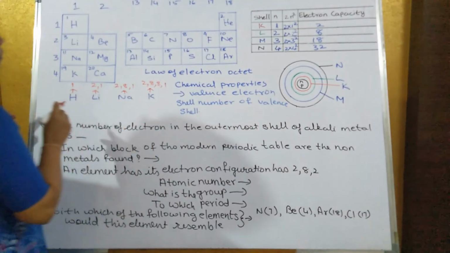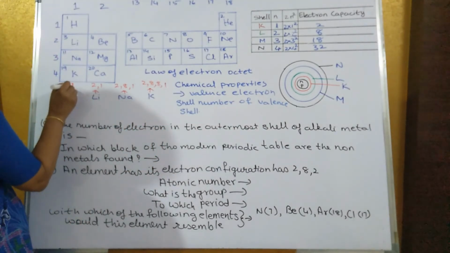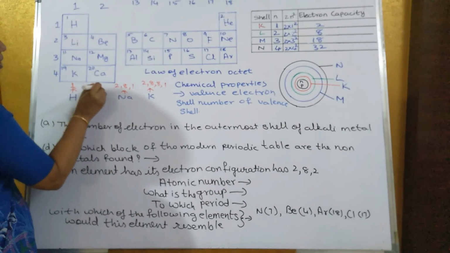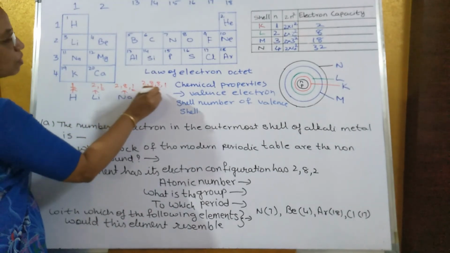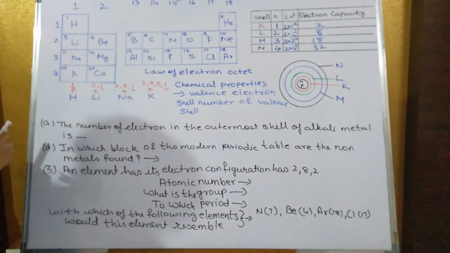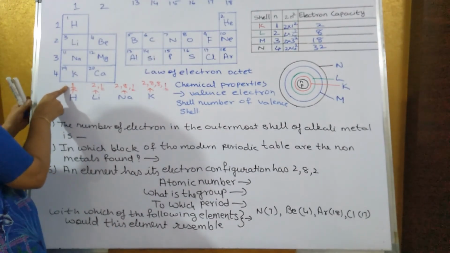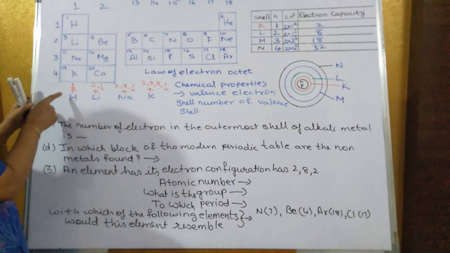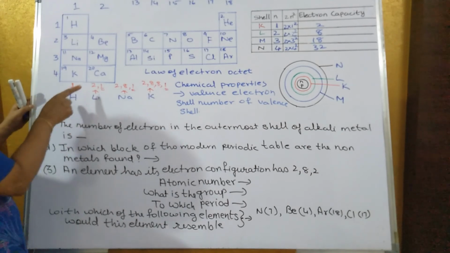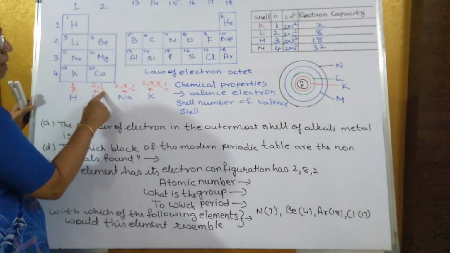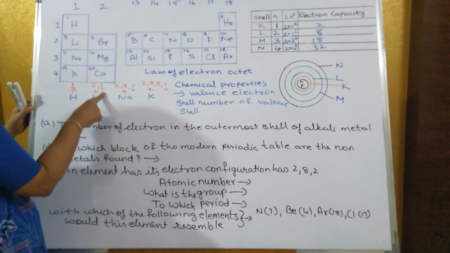Now if you see over here the valence electron is 1, which we had already discussed before. So the valence electron is 1 over here. Here the valence electron is in which valence shell? That is K shell, because it has only one shell. Here there are 2 shells, so the valence electron is in the L shell.